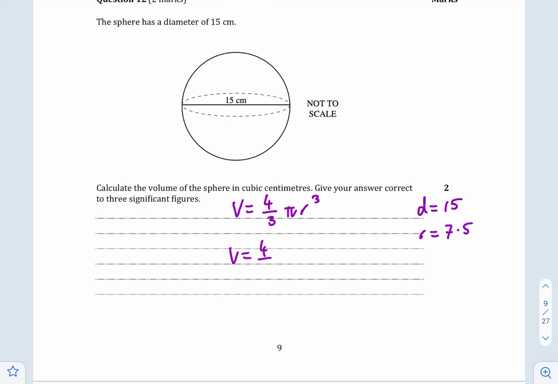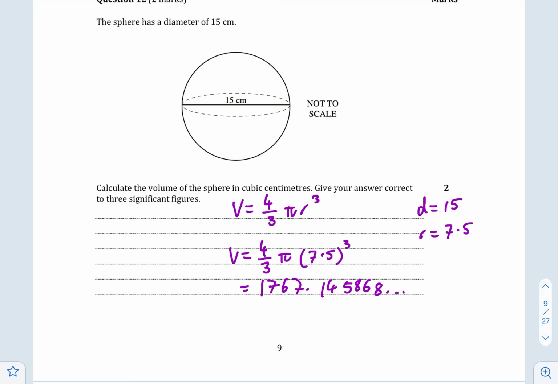Now if I type this into the calculator with 7.5 as the radius, I get 4 on 3 times pi times 7.5 cubed, which gives me this calculator readout. Okay, that's what the calculator says.